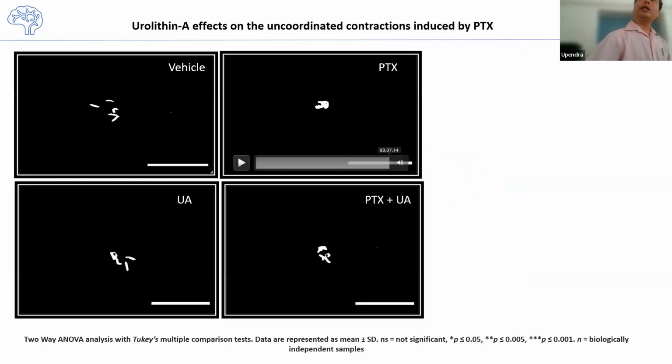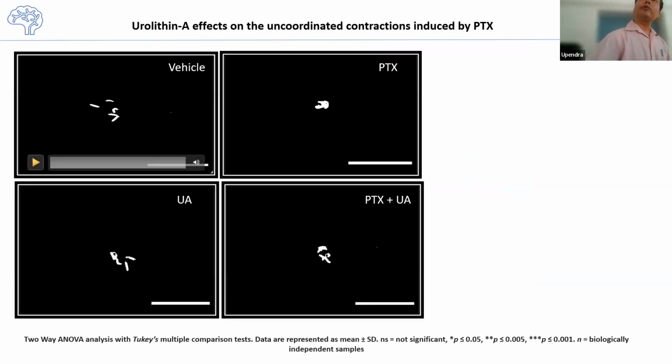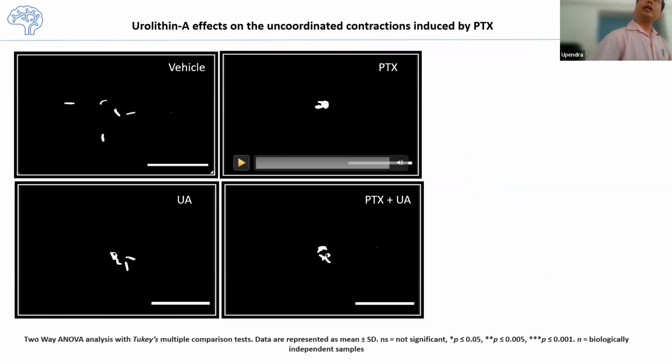And you can see at the larval stage, for example, in the normal larvae, they will move around. In those chemically treated to generate the epileptic condition, you see that they can't move.